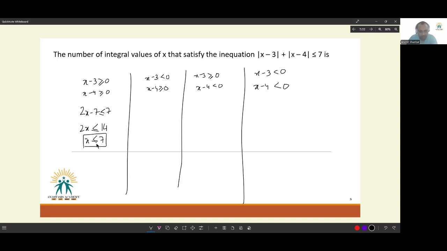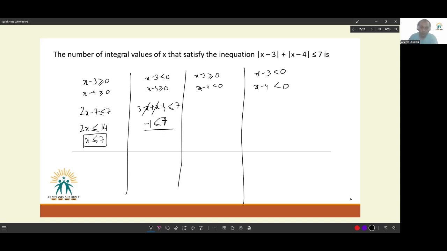We have found one acceptable limit. Everything is fine here. In this case, what would happen is I would have 3 minus x plus x minus 4 has to be less than or equal to 7, which gives me x and x get cancelled. This doesn't really help me because minus 1 is less than or equal to 7. While this is true, this does not help me identify the range for x.